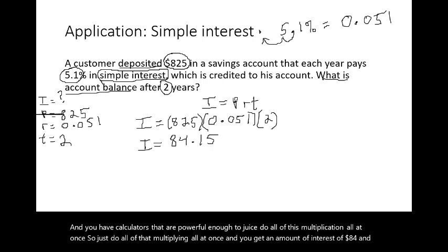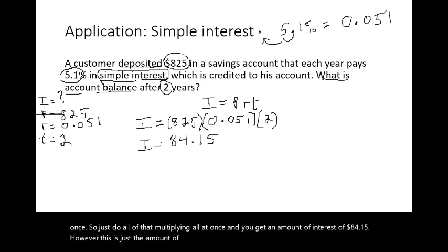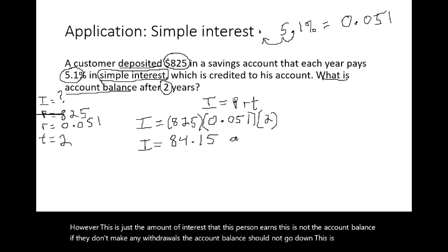So just do all of that multiplying all at once, and you get an amount of interest of $84.15. However, this is just the amount of interest that this person earns. This is not the account balance. If they don't make any withdrawals, the account balance should not go down. This is the amount of interest.